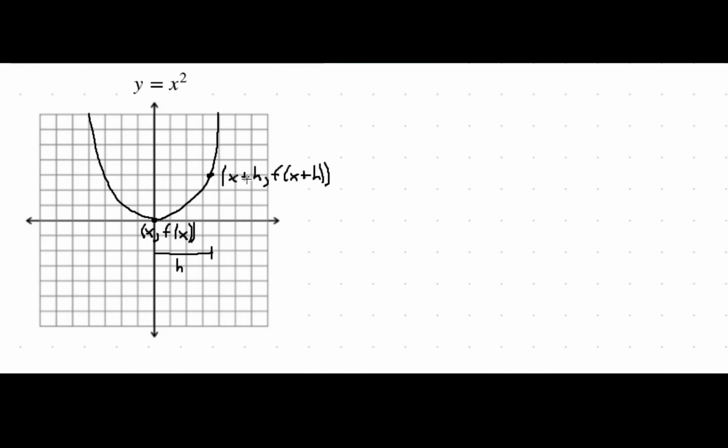And I'm adding h to each of the coordinates because I'm moving over a distance of h. So now we've labeled the coordinates of each of these 2 points. So now we can approximate the slope by drawing a line between the 2 points.